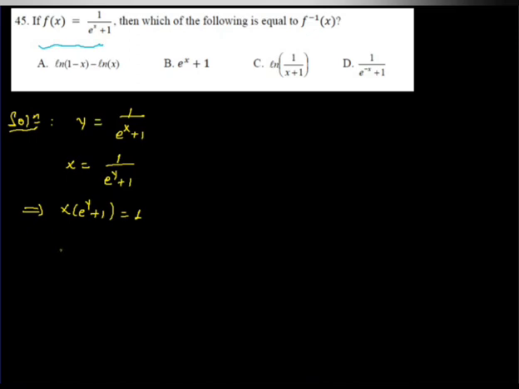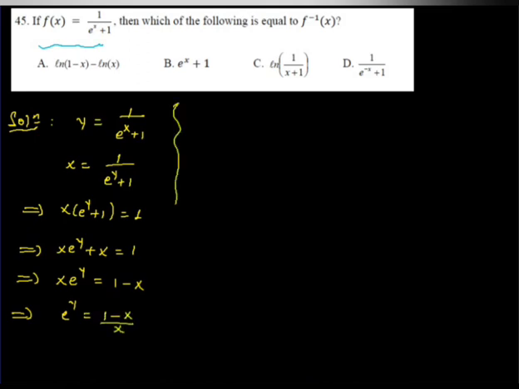So this means x times e to the power of y plus x is equal to 1, which implies x times e to the power of y is equal to 1 minus x. So dividing both sides by x, e to the power of y becomes 1 minus x over x.